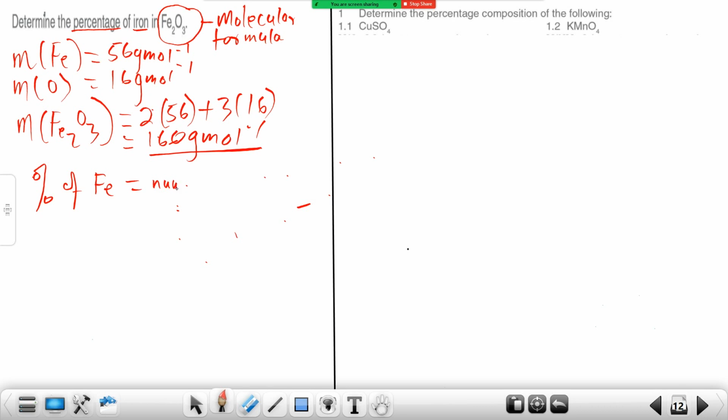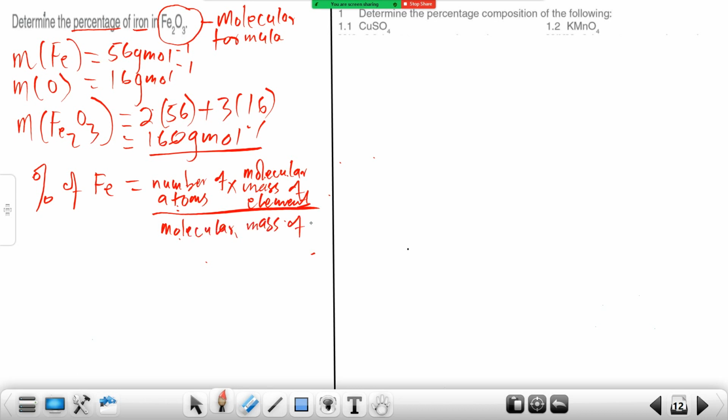Then it's the number of atoms multiplied by molecular mass of element, divided by molecular mass of compound, because the formula is not in the formula sheet.